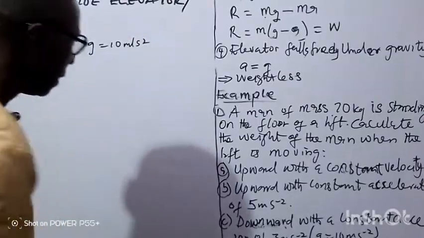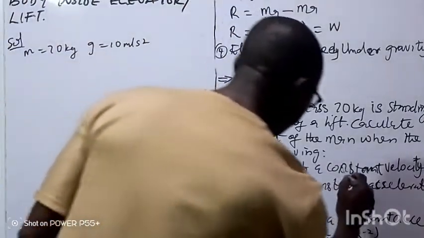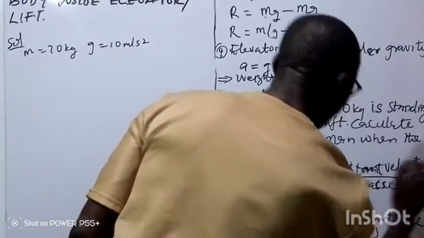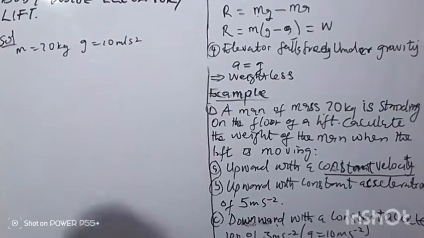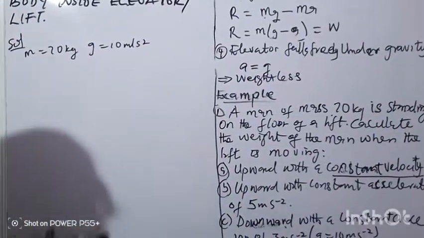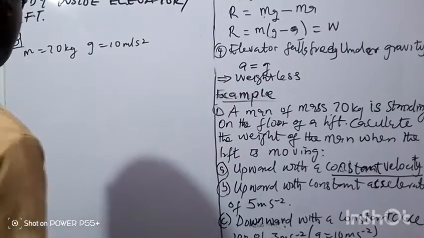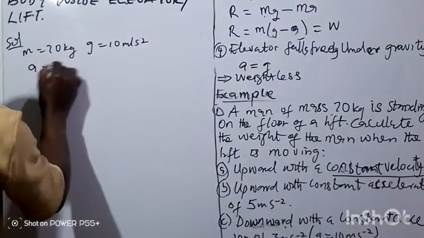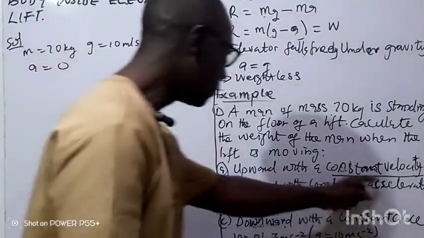But in the case of the first question, the question says moving with constant velocity. And when it moves with constant velocity, don't forget what we explained. The body inside the lift will not gain or lose weight. Then we said A will be equal to 0. Why is it that A is equal to 0? Because it's moving with constant velocity.